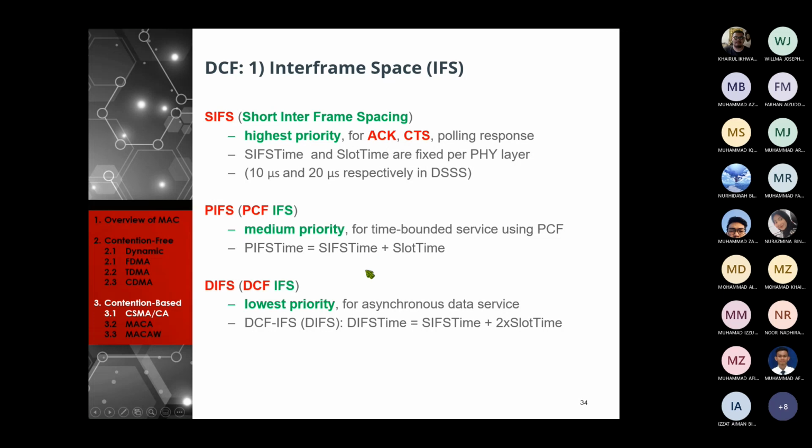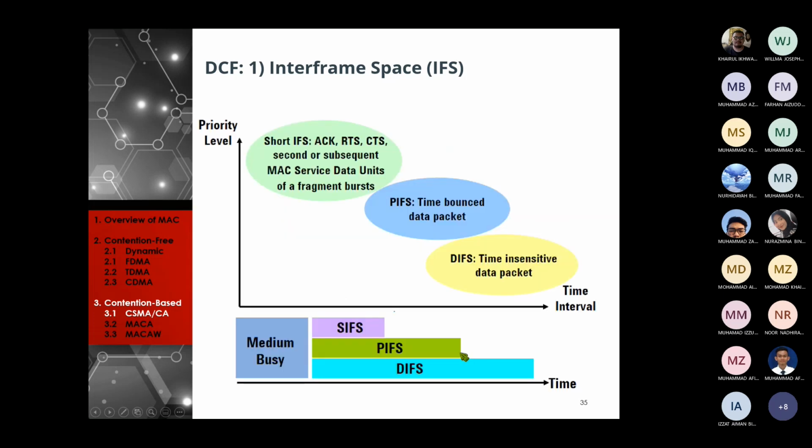Dia tambah slot time. Kalau DCF IFS ataupun DIFS is a lowest priority for asynchronous data service. So plus SIFS time plus 2 times slot time. Tambah lagi slot time 2 kali. Doublekan slot time. So kena tunggu lagi lah, sebab dia ada lowest priority.